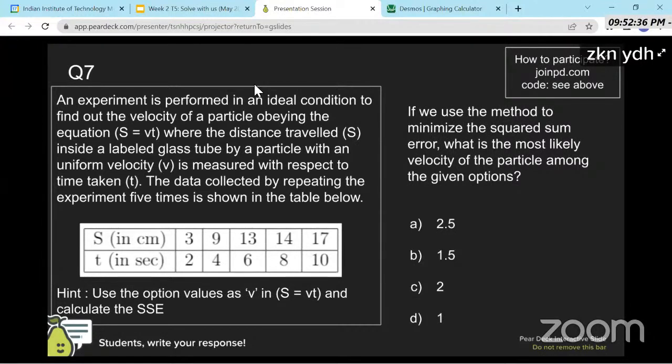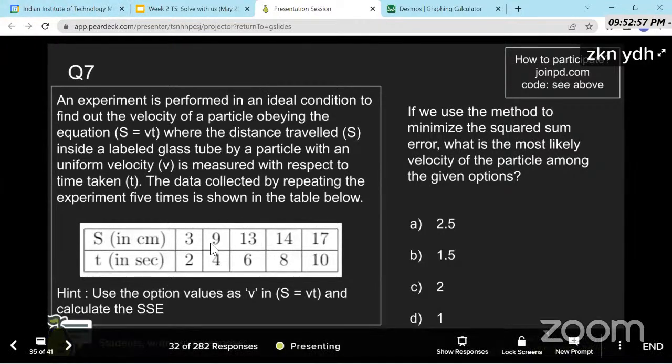Actually, this question can be solved very easily if you multiply. We need to first observe, and then it can be easily seen that the y value is somewhat closer to the predicted value. So we can just calculate it very easily.